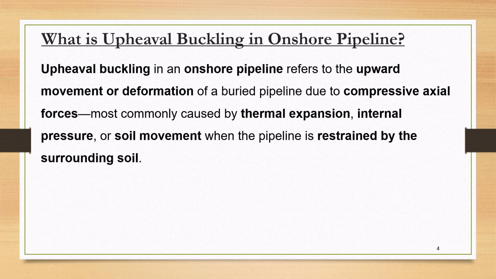Now the basic mechanism of upheaval buckling is that a buried pipeline is subjected to axial compressive force due to thermal expansion from the hot transported fluid, then internal pressure that causes a Poisson effect because of shortening, and end restraints or bends that prevent free expansion.